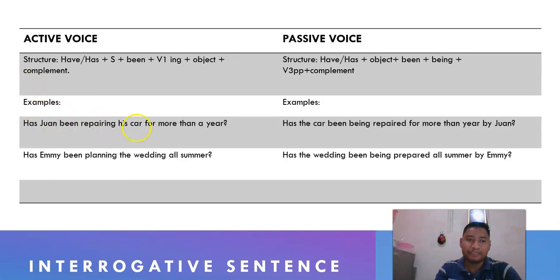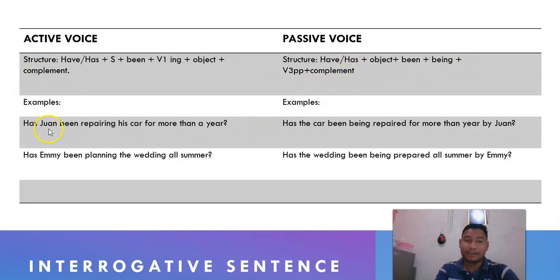In active voice the structure is have or has plus subject plus been plus verb-ing plus object plus complement. In passive voice, the structure is have or has plus object plus been being plus verb past participle plus complement.